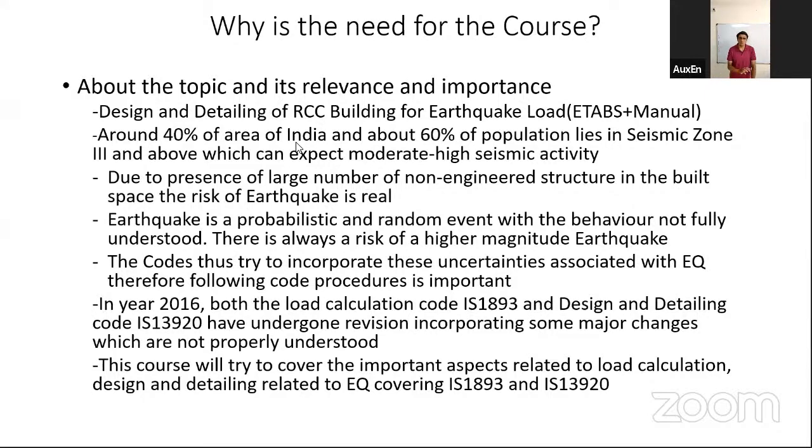STAAD is not able to calculate all these effects in a proper way. So ETABS 2018 we would be using. This is how we intend to proceed. I will briefly tell you the major changes that have been incorporated in the new IS 1893 and the new IS 13920.